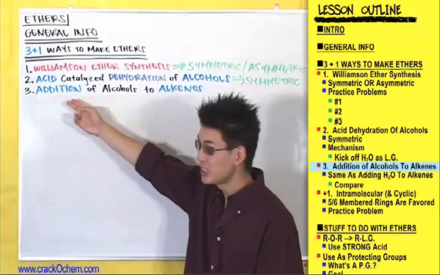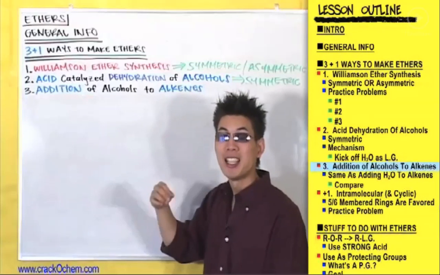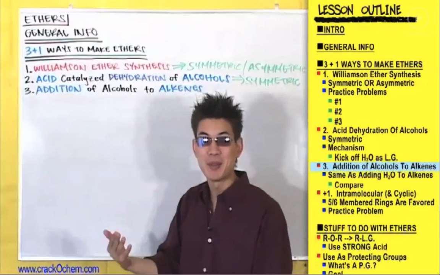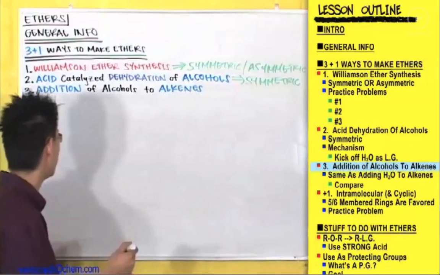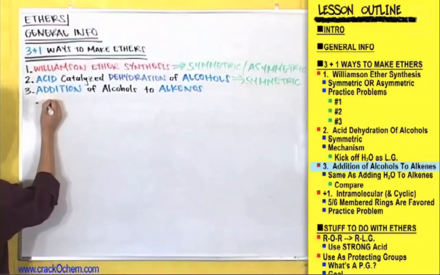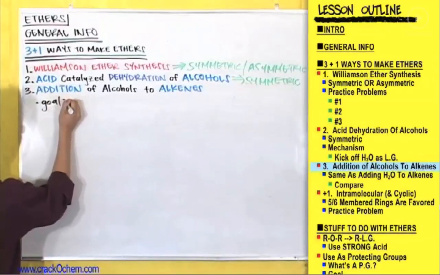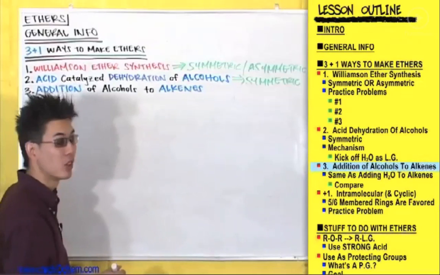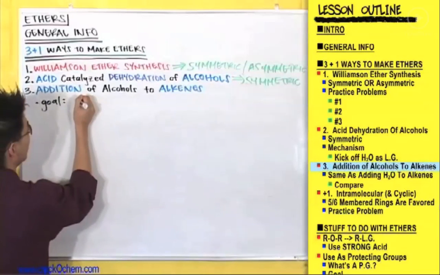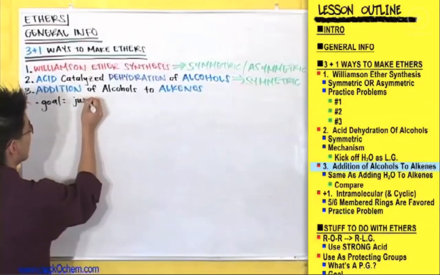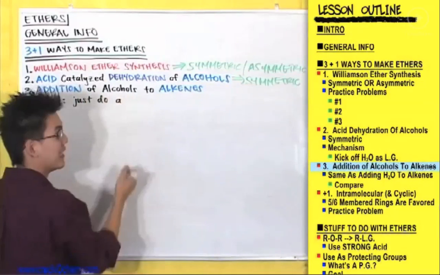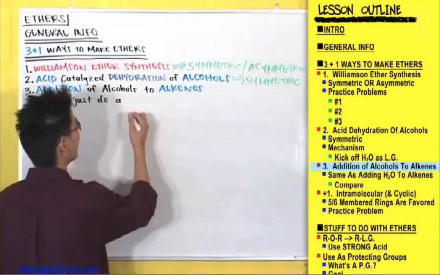This alcohol addition to an alkene is going to behave exactly the same way. So let's go ahead and write this down, that the goal of this addition of alcohols reaction is to just do a simple addition.